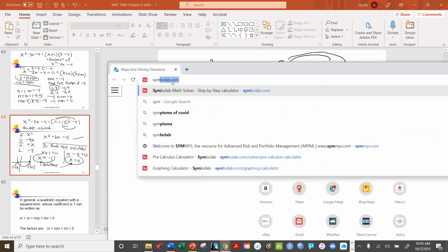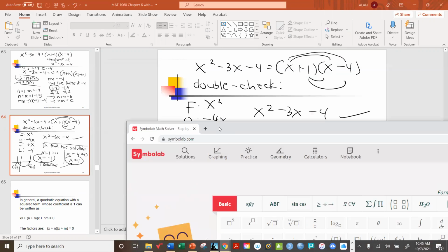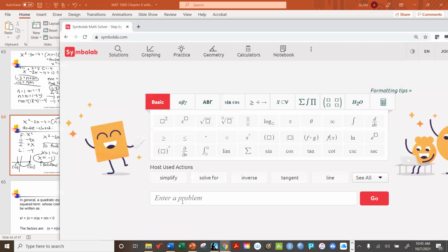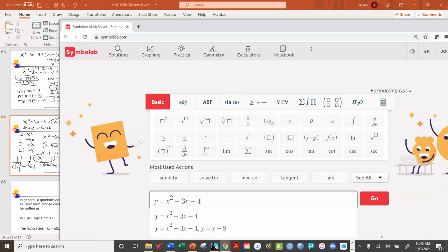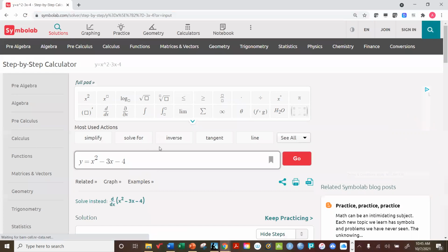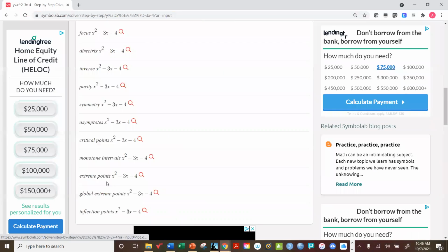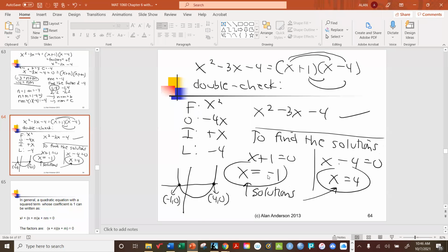You know, sometimes it has issues, but this one, y equals x squared minus 3x minus 4. All right, so we'll draw the graph, and we're looking for the points where it crosses the vertical axis, the horizontal axis rather. So here it is. As we said, -1, 0 and 4, 0.